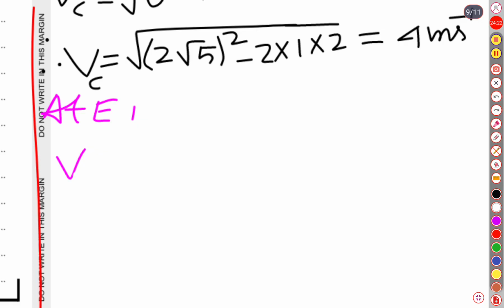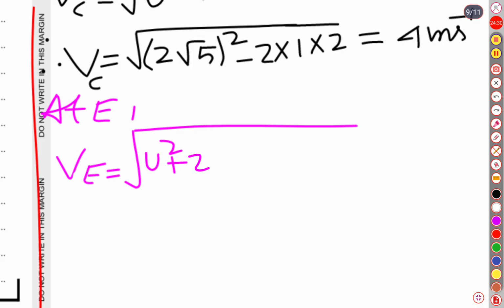At E, velocity at E, the same concept is u squared plus 2as.